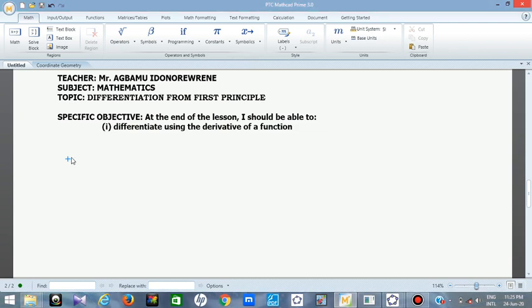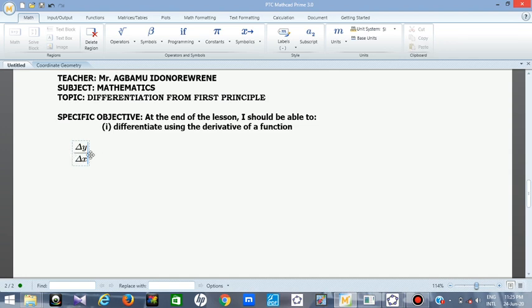In today's class, I want to show you how you can differentiate a function from first principle. If you recall, in our last class, I said when you are asked to differentiate from first principle, all you need to do is to find delta y over delta x of a function.